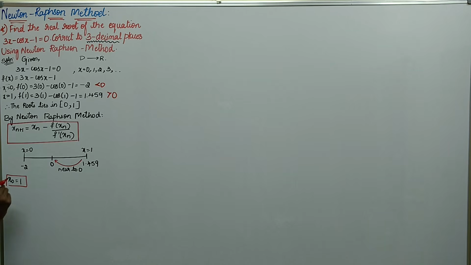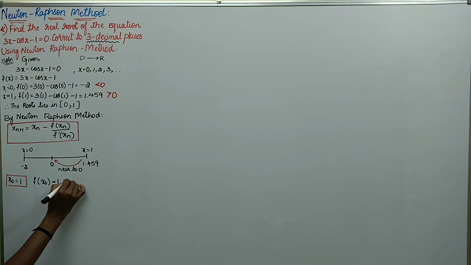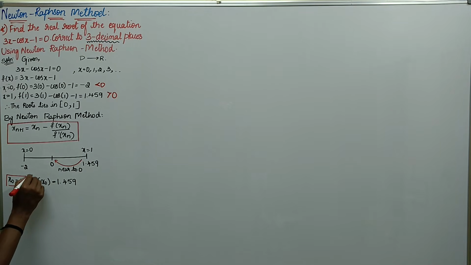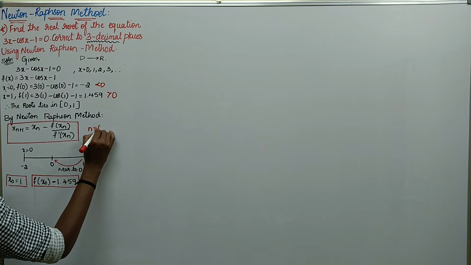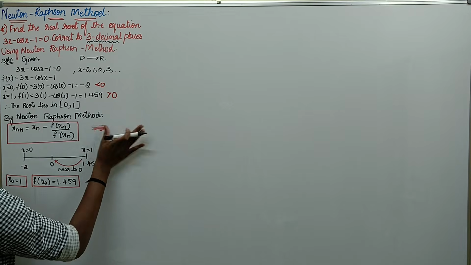Now, what is the value of f of x naught? If I give x naught initial value as 1, the value will be 1.459. See, we have x n, now n we are going to consider as 0. Okay, done. Initial value, n we are going to consider from 0. Okay, let us represent it in black itself.